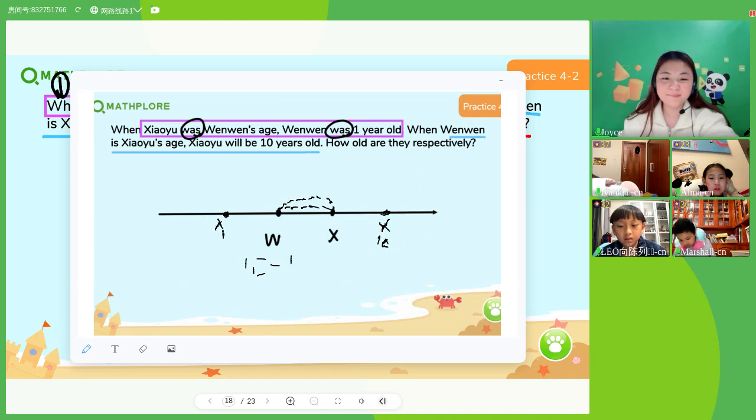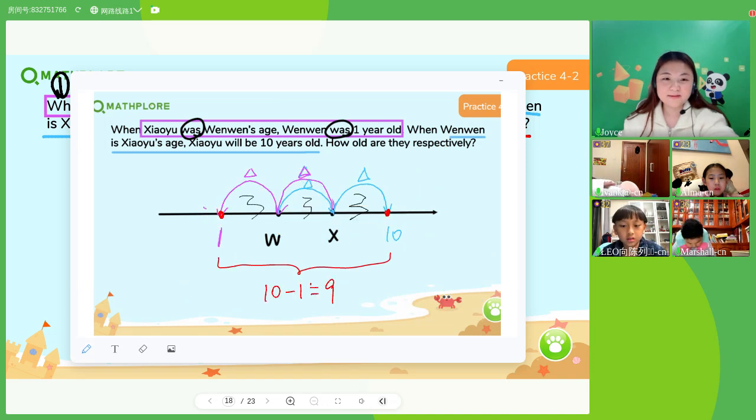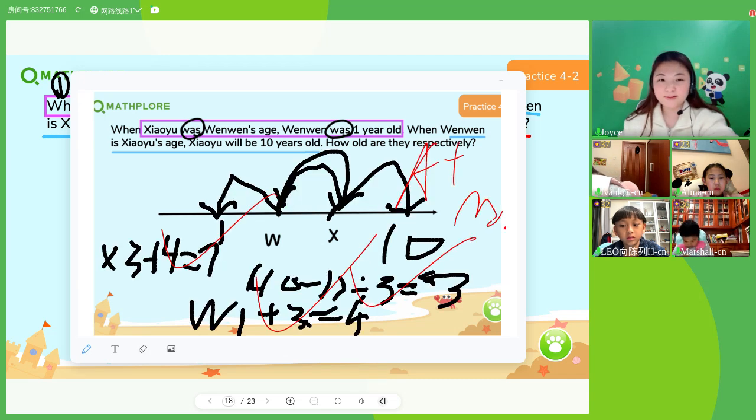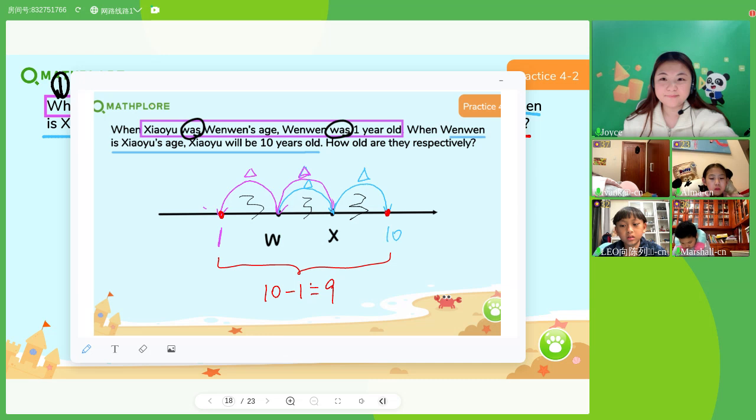What about Elma? Yes, so you know the age difference, right, Leo? And how old is Xiao Yu and Wenwen? What does the 3 mean, Leo? Okay, what about Wenwen?